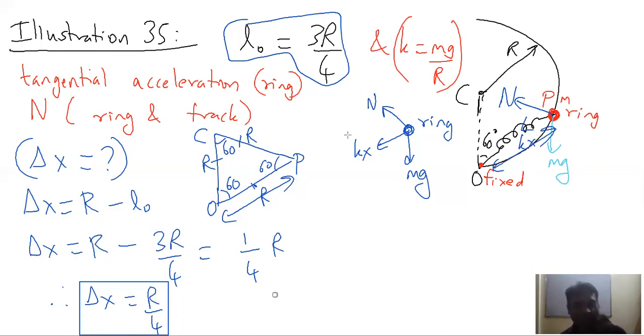Now, once we get delta X as R by 4, let us consider Newton's law equation.